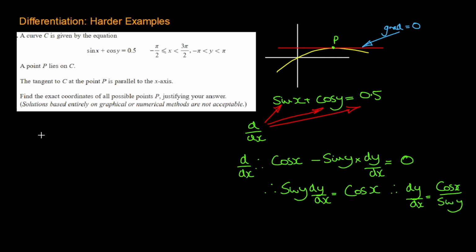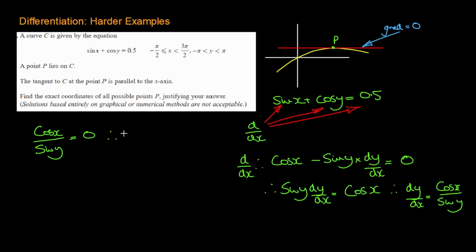Setting our differential function to 0, we get cos x over sine y equals 0. Now, no value of sine y, because this only drifts between plus and minus 1, can ever give the result of 0. The only solution to this equation is when cos x is equal to 0.